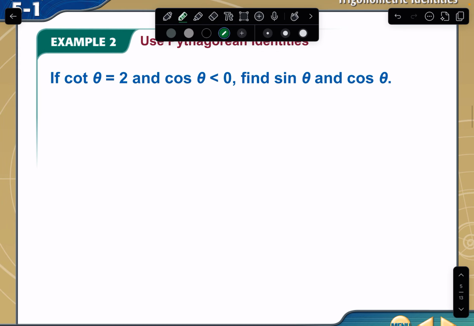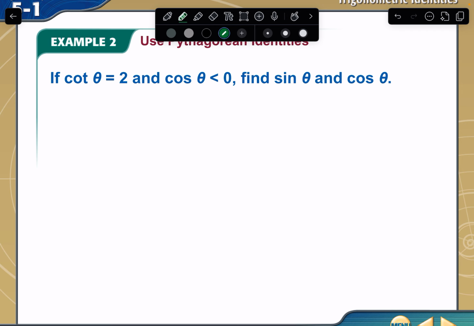So looking at example 2, example 2 gets into the Pythagorean theorem identities. Again, those are the ones that we rearranged, and there are other ways that you may see them as you work through these questions.